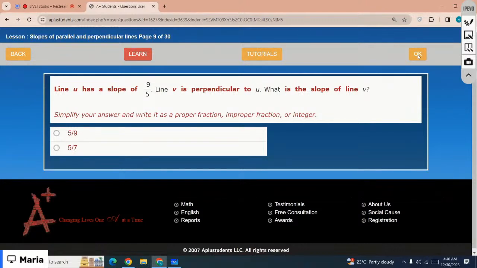Line U has a slope of negative 9 by 5. Line V is perpendicular to U. What is the slope of line V? Which is the correct option?